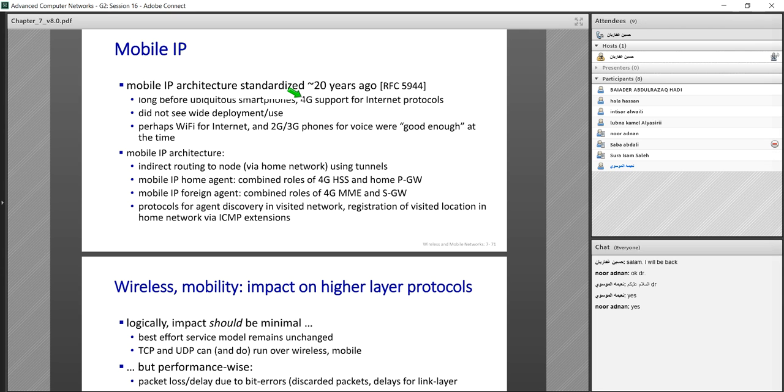Also in 4G, the backbone of the network is IP.